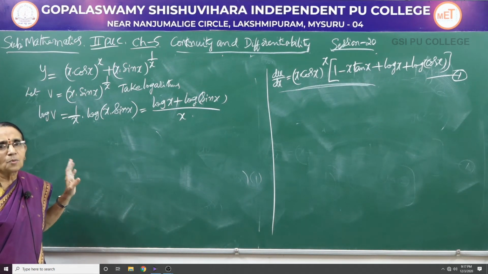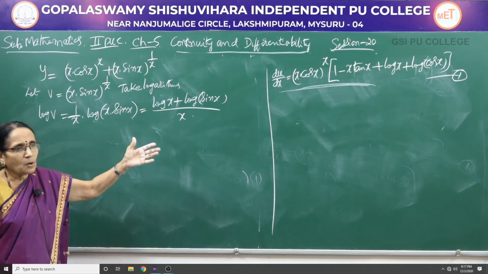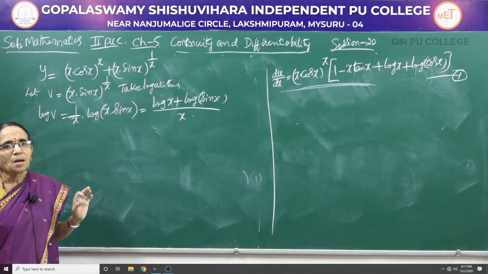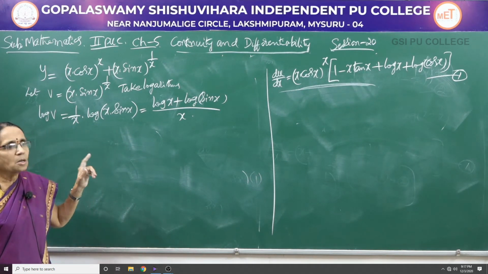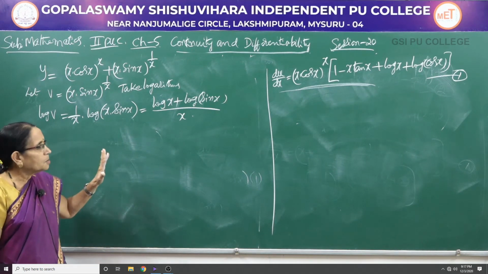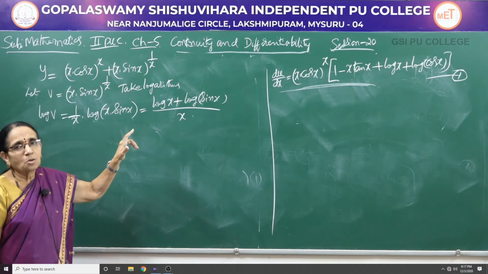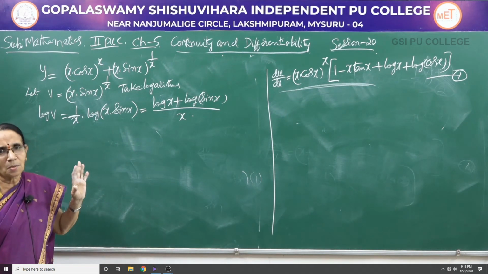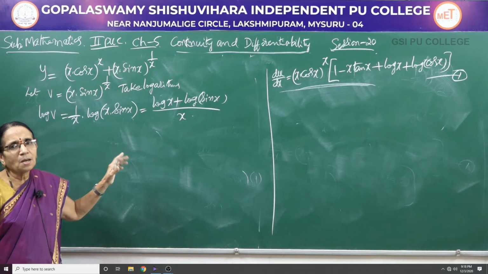So, when you differentiate, which rule do you have to apply? The quotient rule. What does the quotient rule say? See, the product rule we have applied in almost all the problems. Here I am applying the quotient rule. The denominator into the derivative of the numerator minus the numerator into the derivative of the denominator, whole thing divided by the square of the denominator, that is v into u dash minus u into v dash divided by v square.